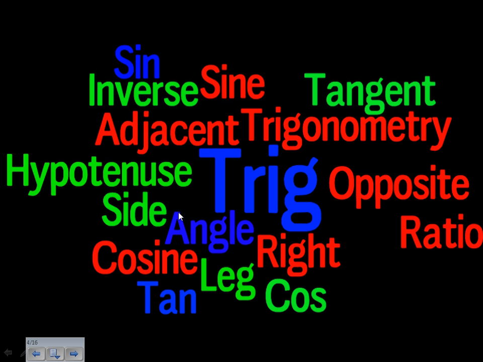The ones that we're going to talk about in particular today are the sin, which really stands for sine, the cosine, and the tangent. All these other words we're going to use a lot this chapter, depending on our problem.